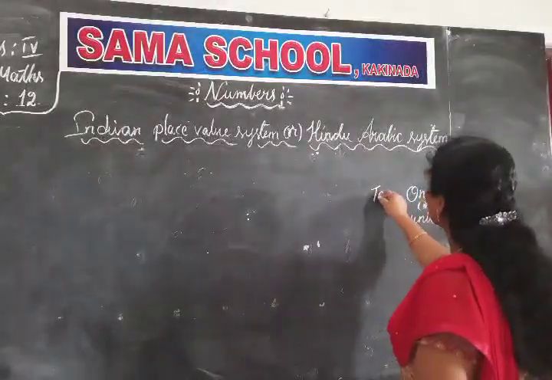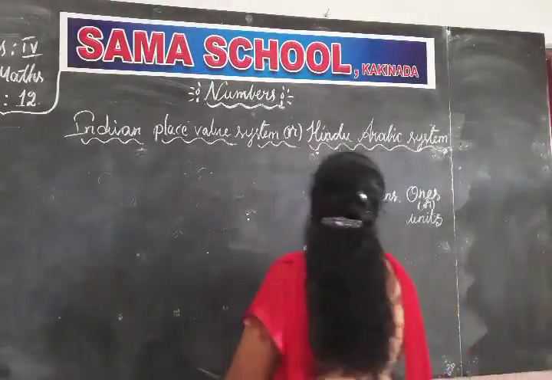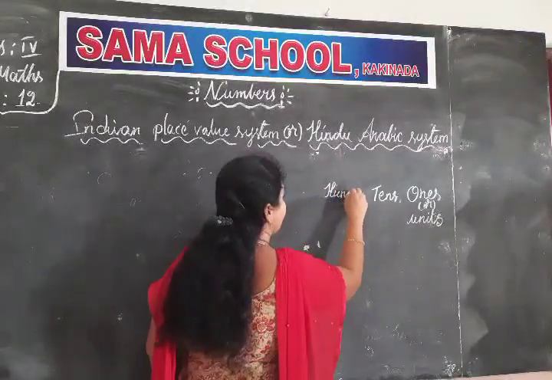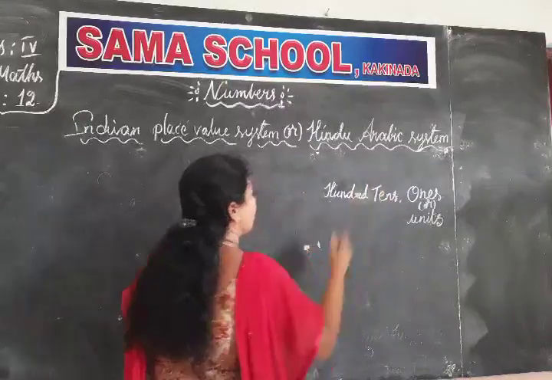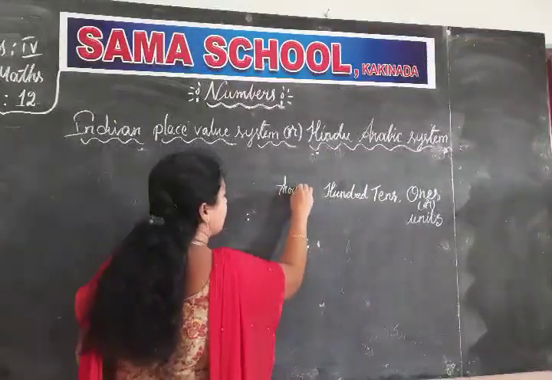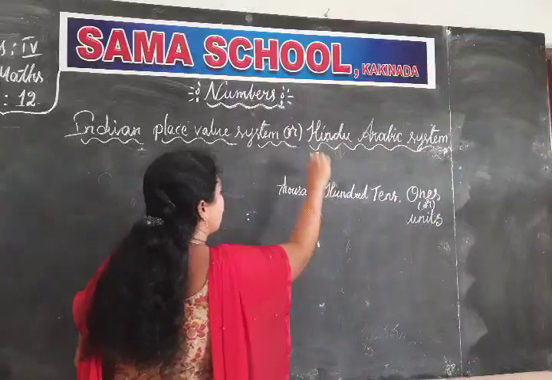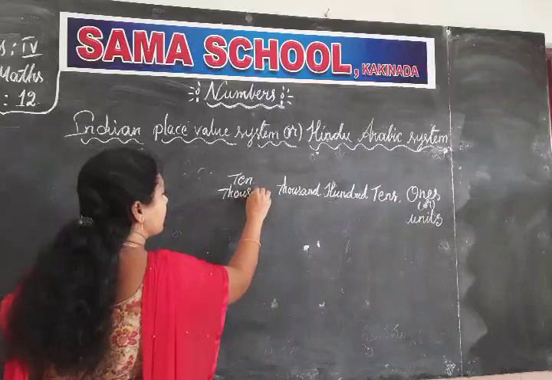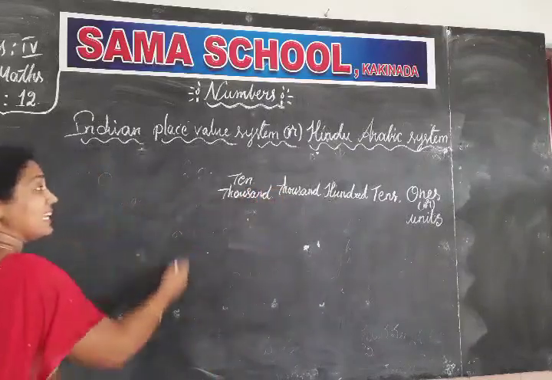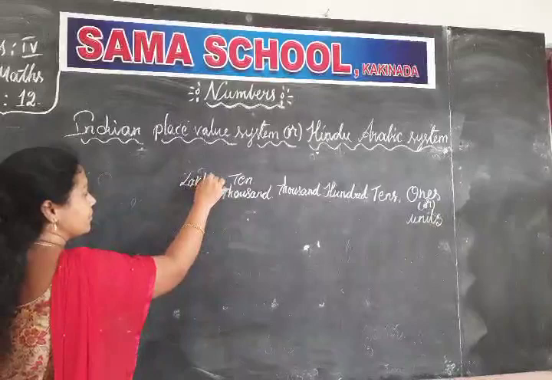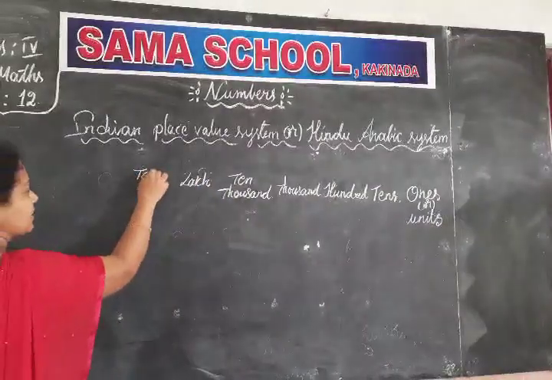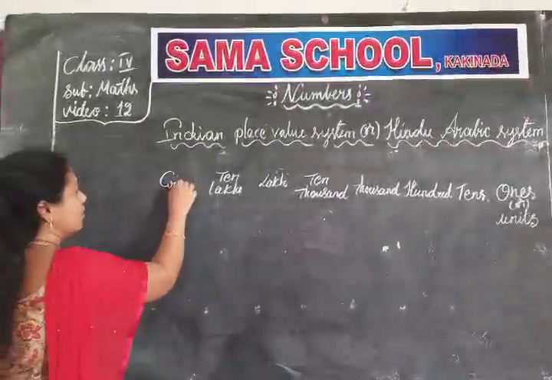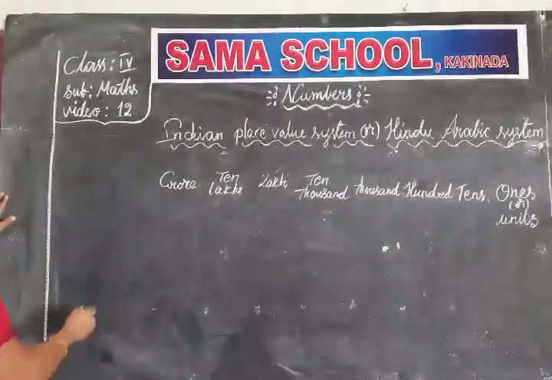Next one, tens, hundreds, thousands, 10,000, lakhs, 10 lakhs. After that, crore. The last place is 10 crore.